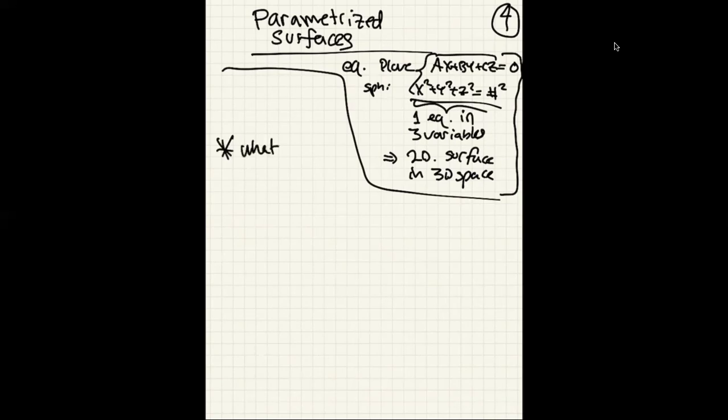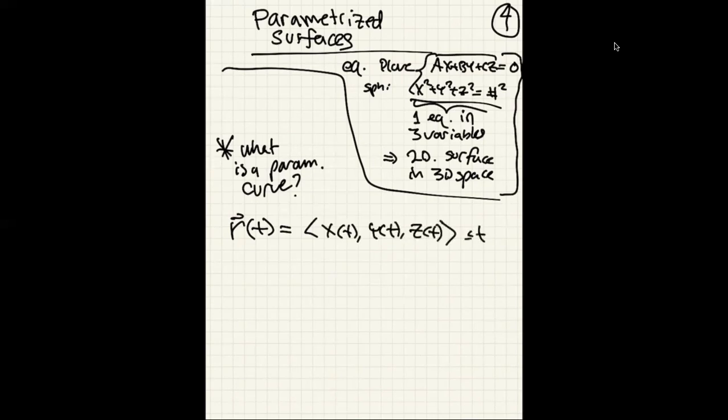What is a parametrized curve? Because if we have good intuition about what r of t is, we'll get a good intuition for what a parametrized surface is. So remember, this is an r of t, which has 3 components: an x of t, a y of t, and a z of t, where t is between some set of numbers, a and b.